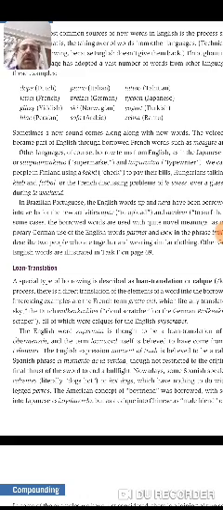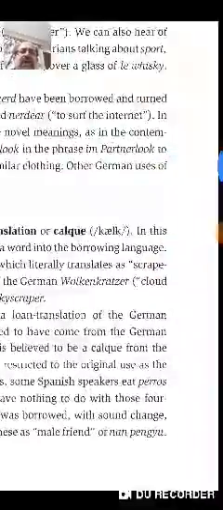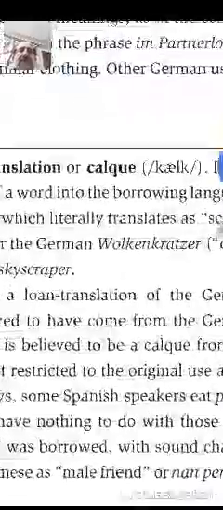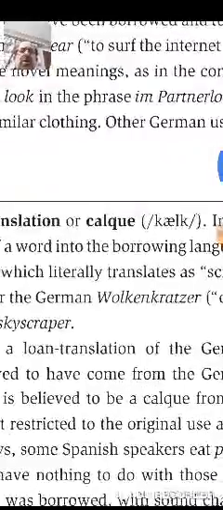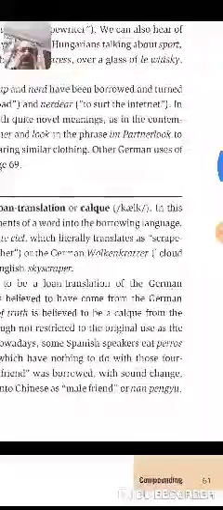So this is called loan translation. Sometimes called calque, as you see, loan translation or calque. Okay, now let us see what are the examples of, in fact, loan translation.